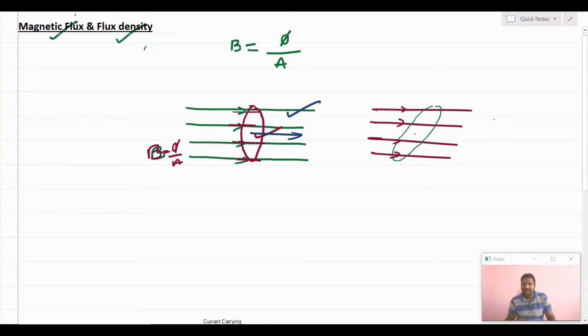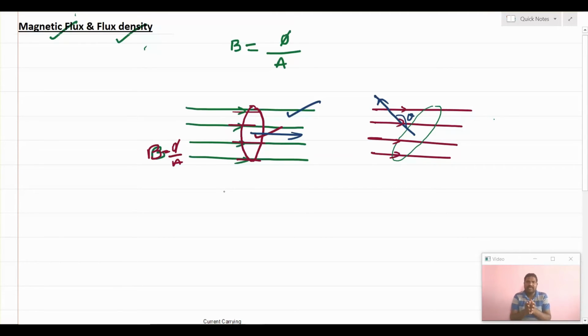Here the axis of the coil is making an angle theta with the magnetic flux. That means it depends on that angle.